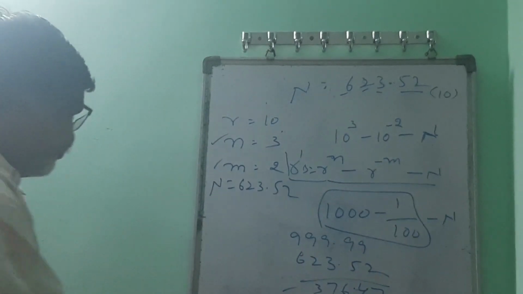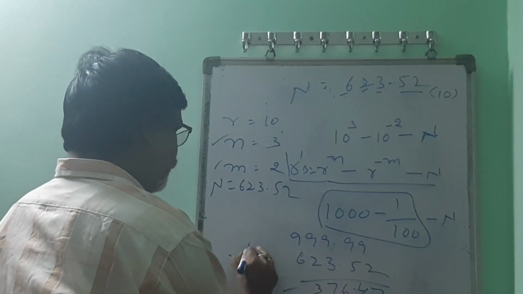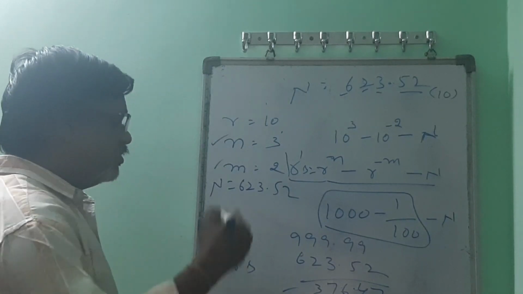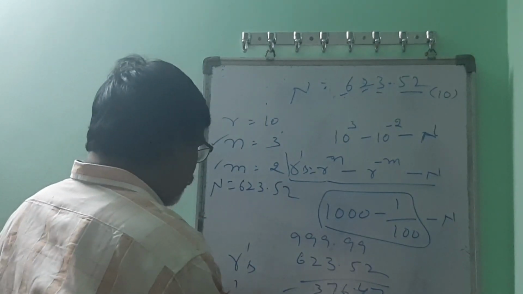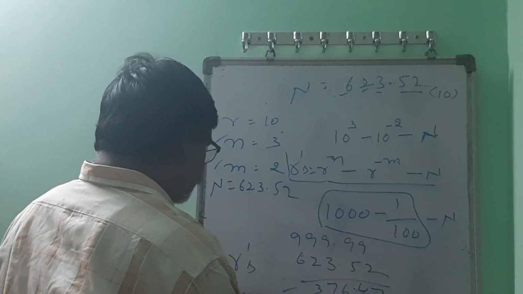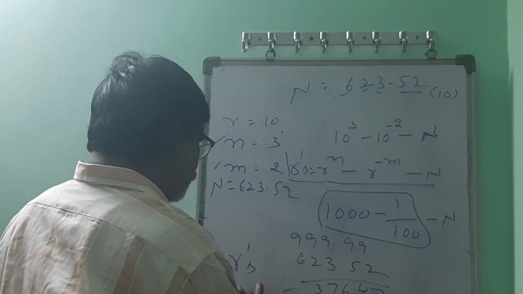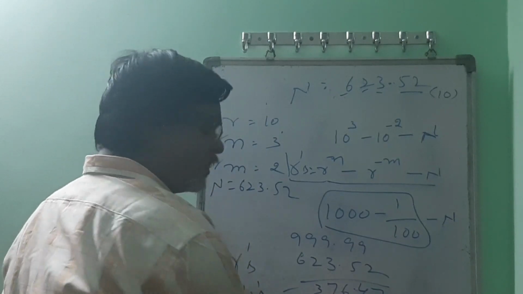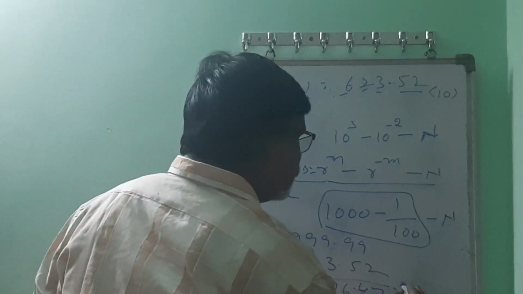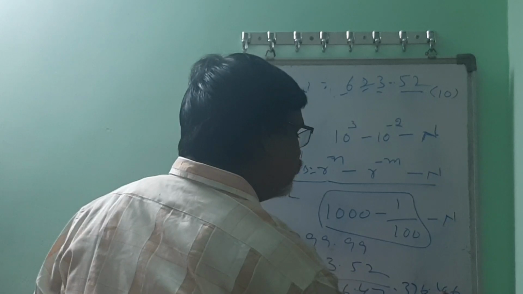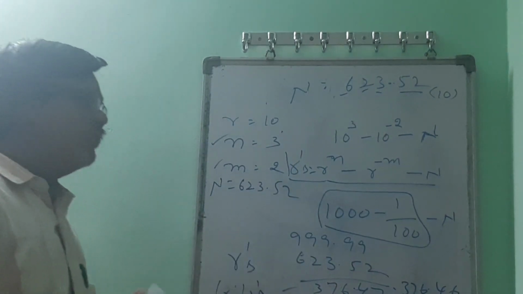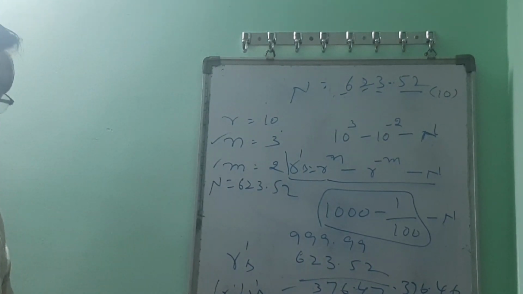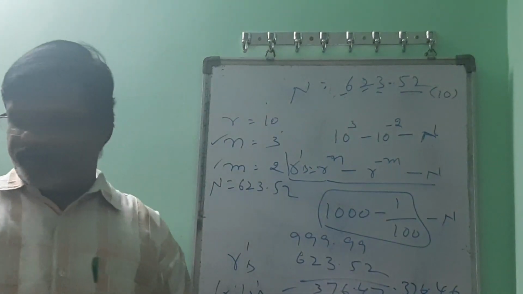So this is the r's complement. To get the r minus 1's complement, you have to subtract 1 from the last digit, then it will be 376.46. Like this, you will do r's complement or r minus 1's complement for fractional numbers also.